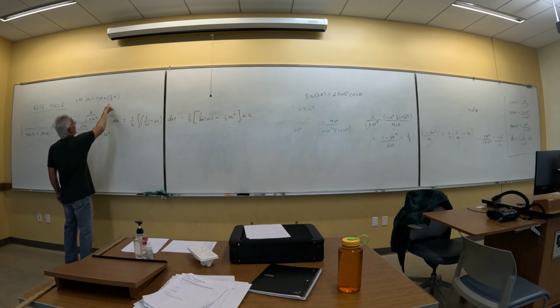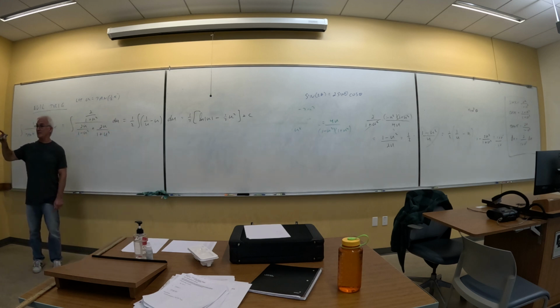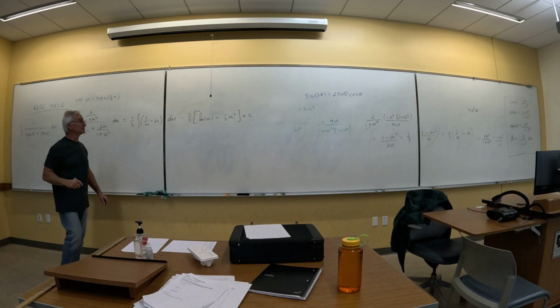Okay? But remember, you're going to replace u not with tangent of a half x, you're going to replace it with what? Cosecant minus cotangent?